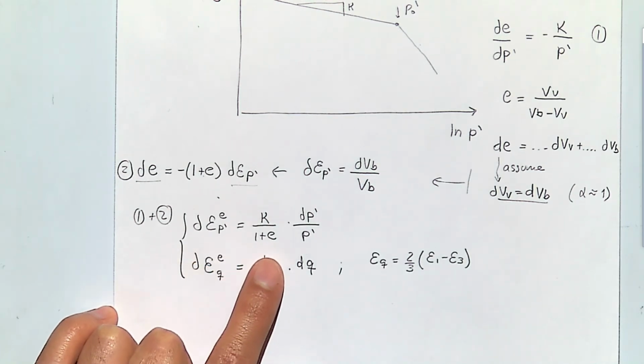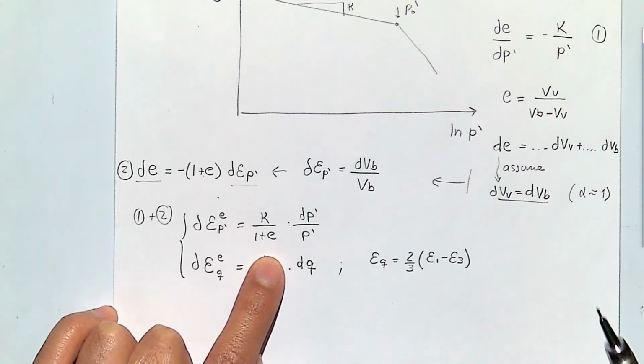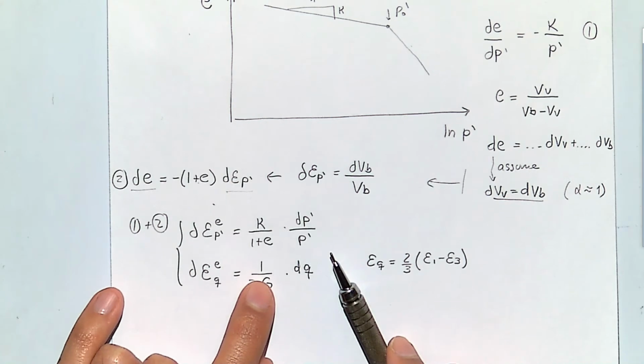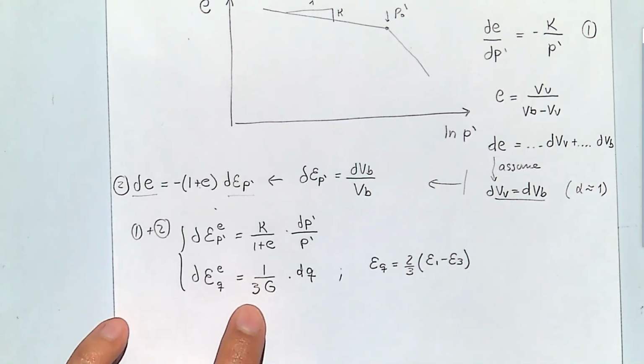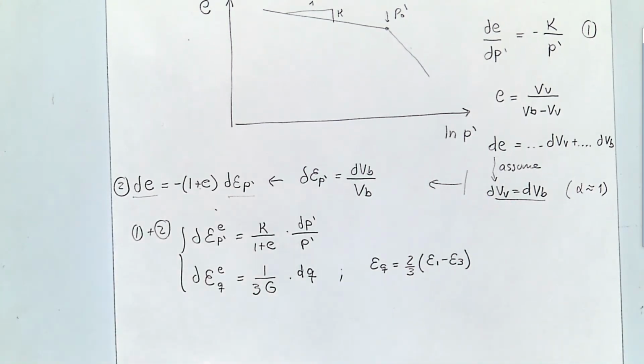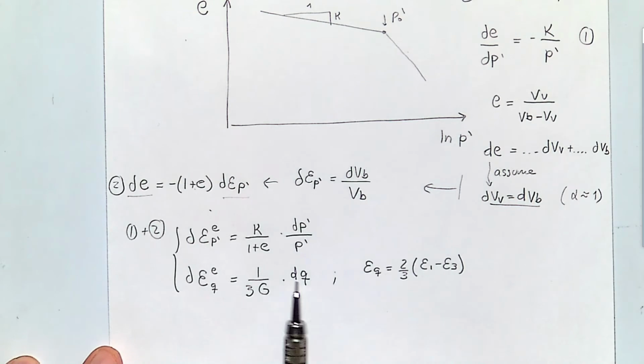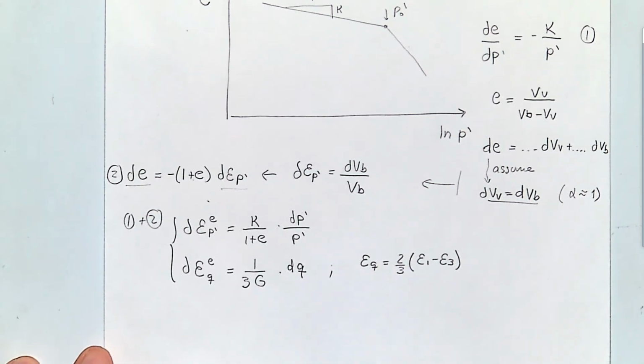A very similar thing happens with fractured media. Fractured media tend to be a lot more compressible at low stress than at high stress when the fracture starts to close. You can also write the same equations of compressibility with this logarithmic function.